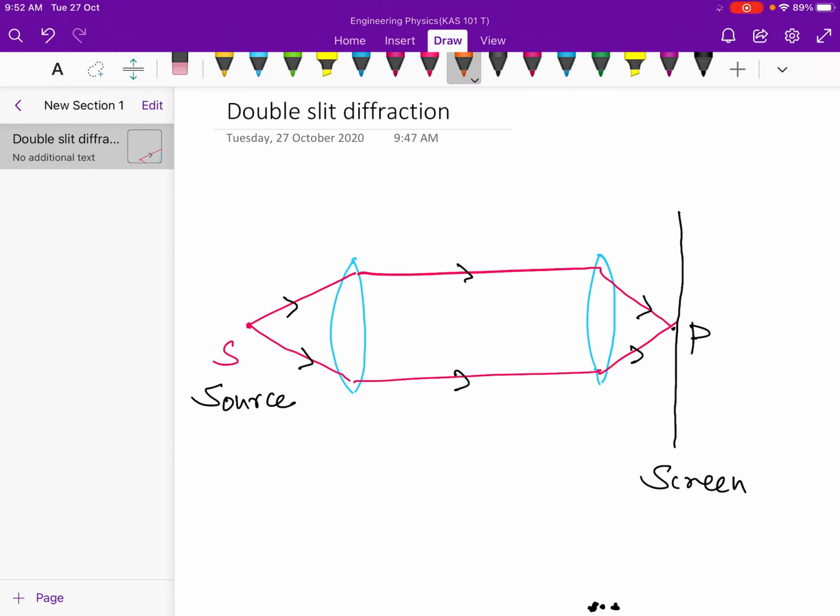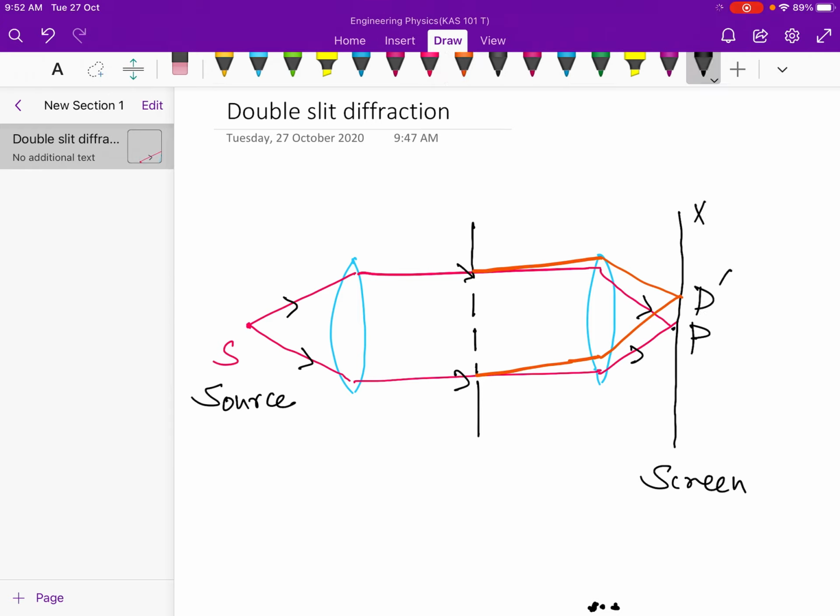So, if your double slit is here, then the diffracted or bent version will be incident at this place, which is nothing but P dash.